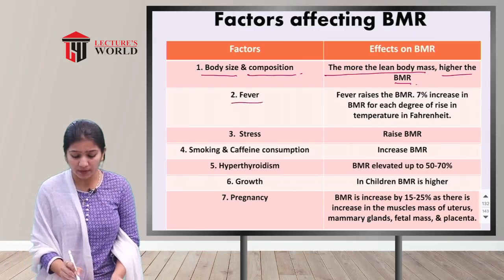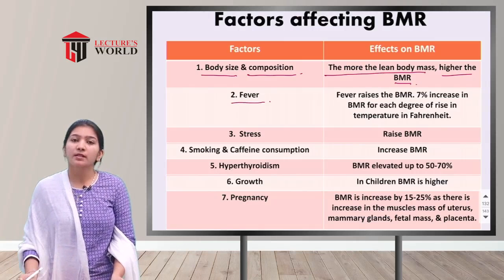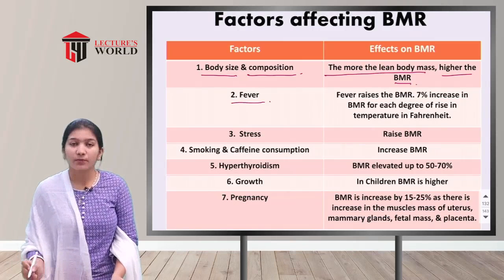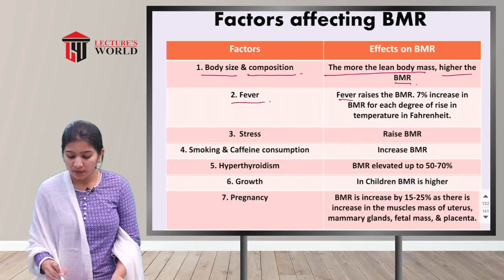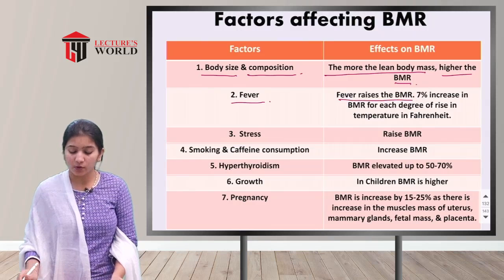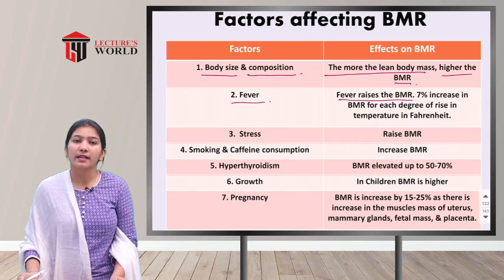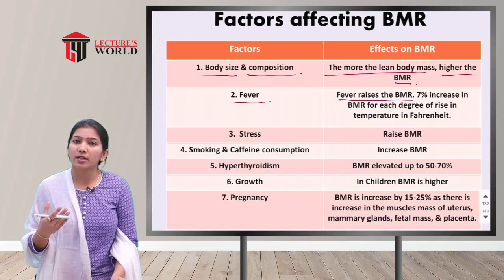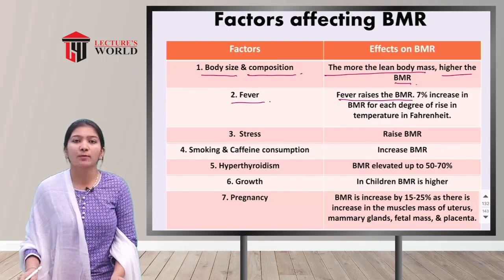Next one is fever. Fever is a kind of ill state of health. Fever raises the BMR. How? Fever is a high body temperature. During fever the temperature in your body increases, and this increases your fat burning capacity.